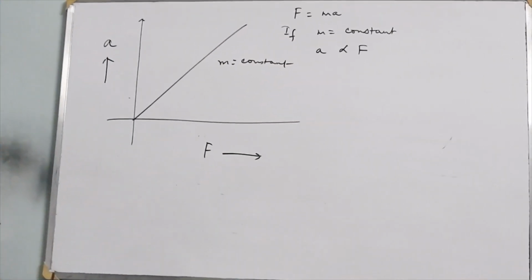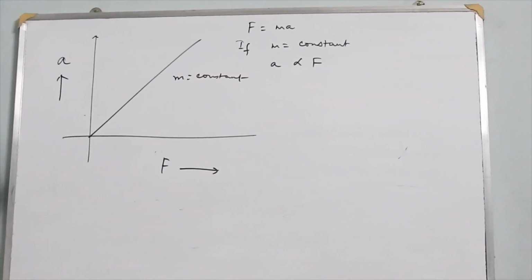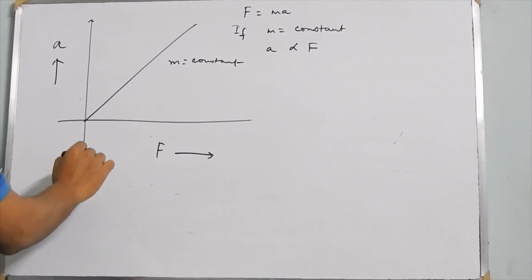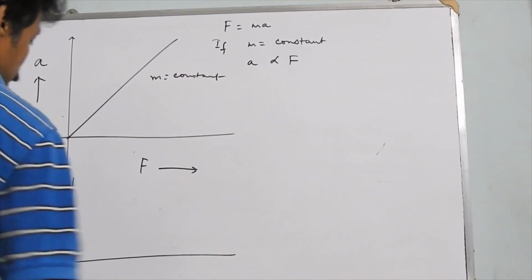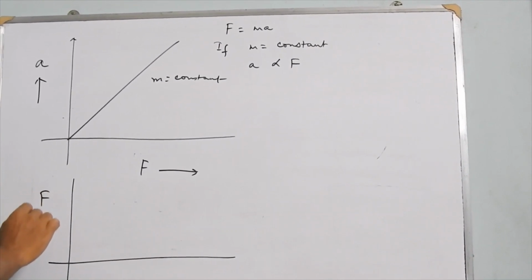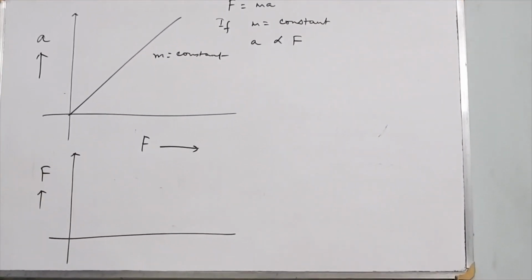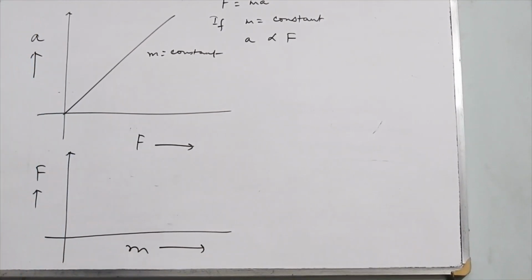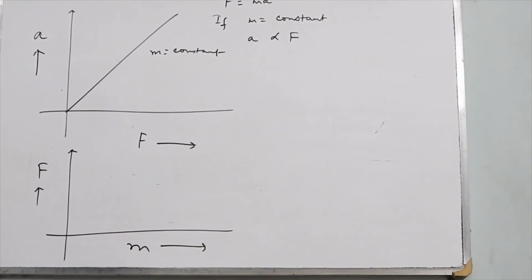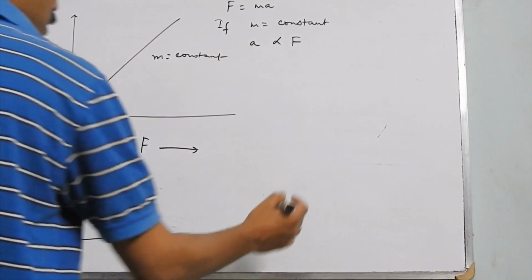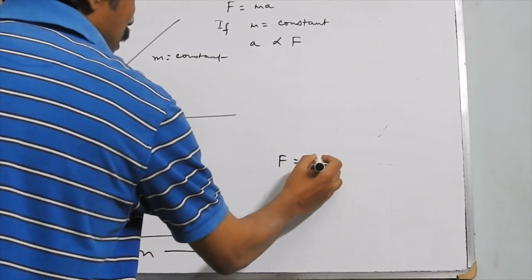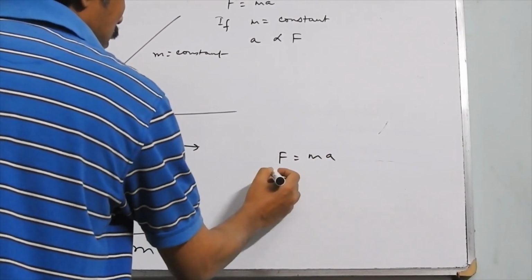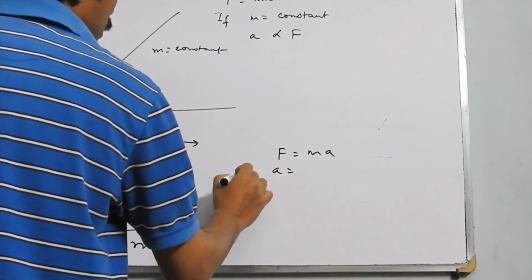Now, if you want to know the dependence of force on mass, suppose we draw a graph with force along the y-axis and mass along the x-axis. Now, if we assume that the mass is changing but acceleration is constant, we are using this equation F equal to ma, and we assume that acceleration is constant.